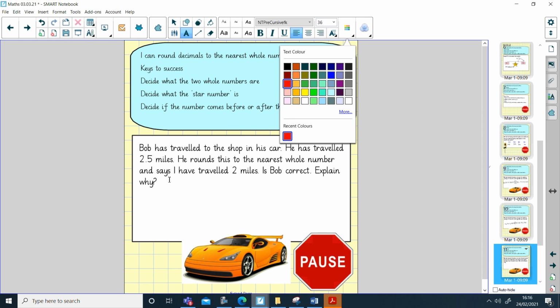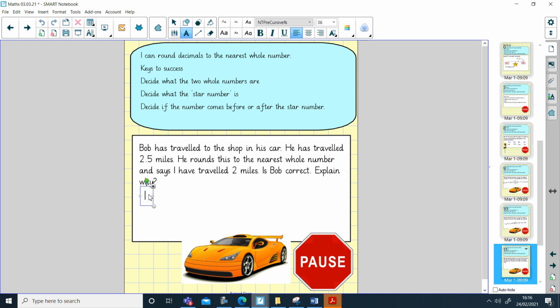Hopefully you've had a chance to think about what Bob's done. So Bob is saying that 2.5 miles will round down to 2 miles. Now I'm thinking about 2.5, and I know that if the number has got 5/10, it rounds up. So Bob's wrong. So Bob is incorrect. He has rounded down instead of up. Oh, I've spelled instead wrong. Instead of up.